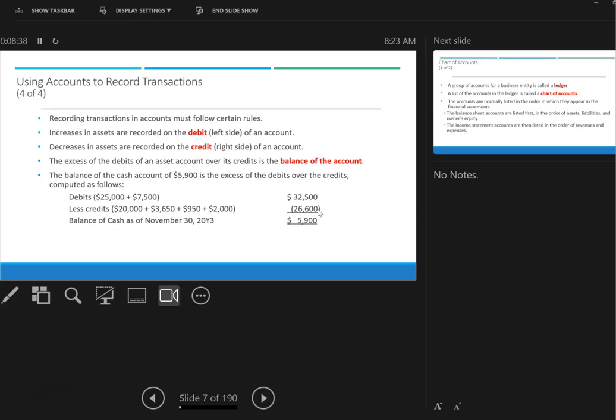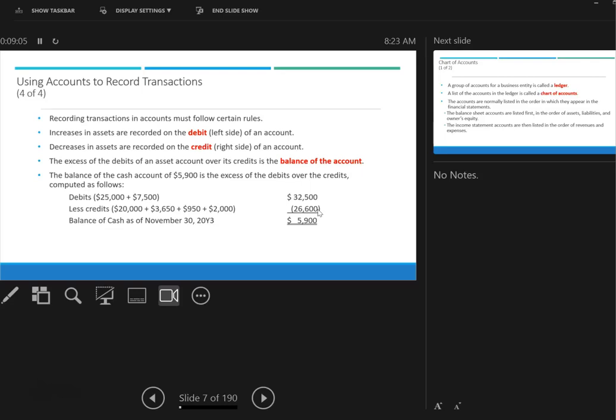When we put 25,000 from the owner into a checking account, cash increases 25,000, and owner's equity goes up 25,000. Since owner's equity is on the credit side, that's a normal balance of credit. Does that make sense? Kind of. Hang in there with me.